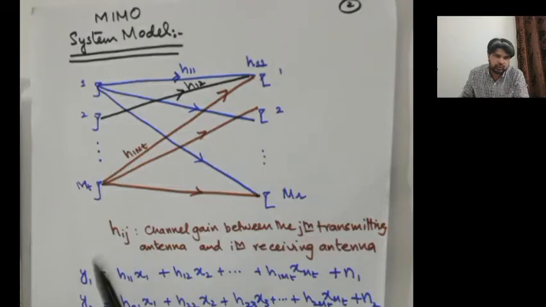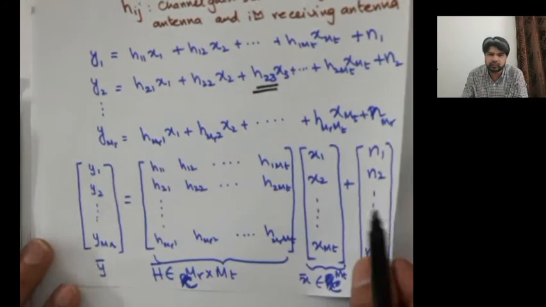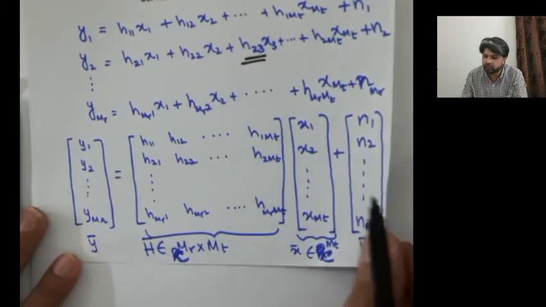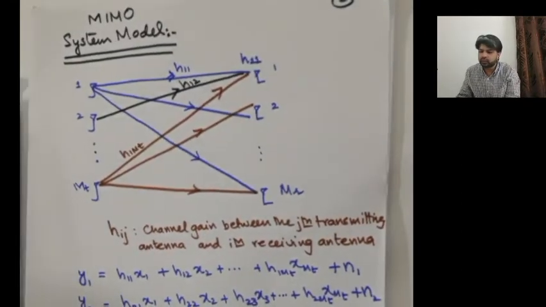And then we can formulate all of this into the matrix form. And you can see that this becomes an equation y equals Hx plus n. So that is what we saw.